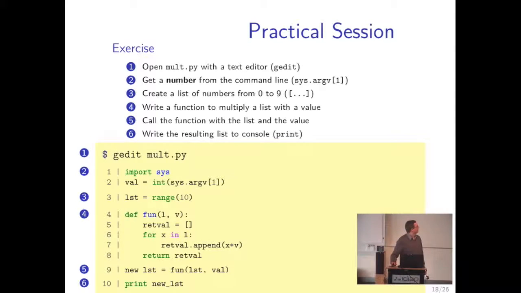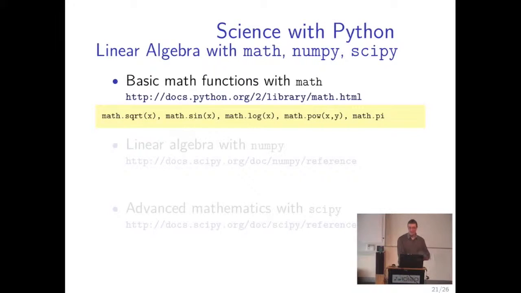Okay. So far the first practical session. Of course, what we really want to do is to do science with Python. And to do real science with Python, there are some modules which will be also partially used later on.